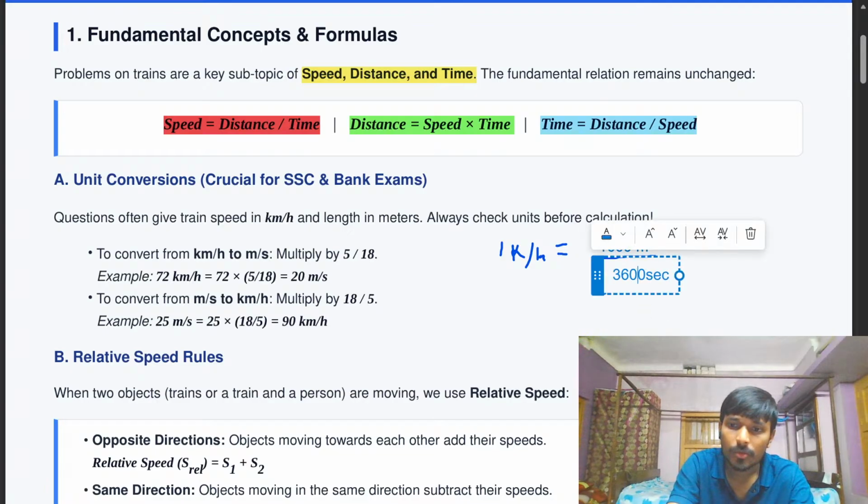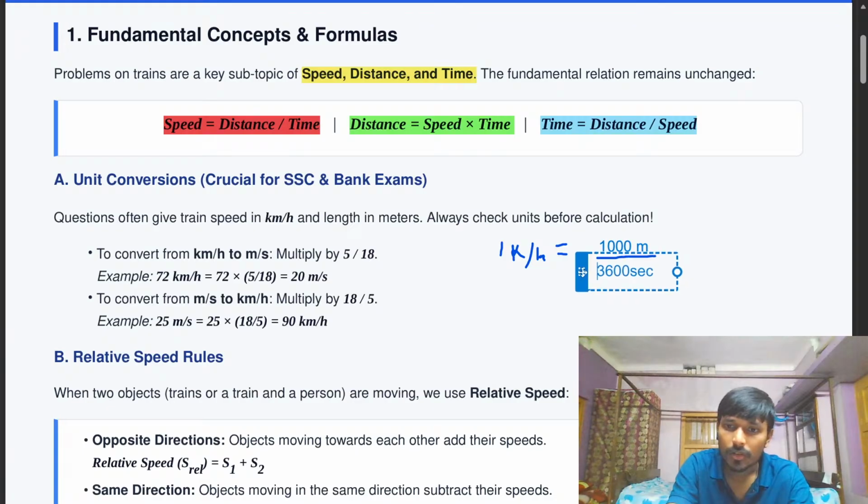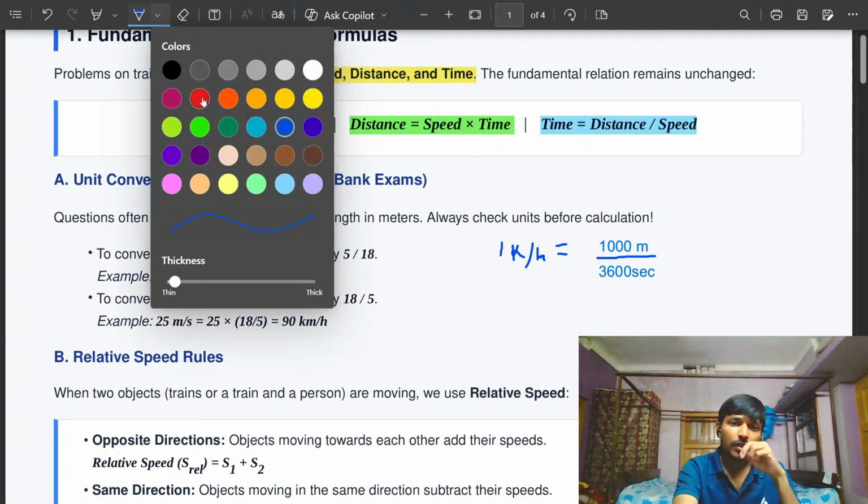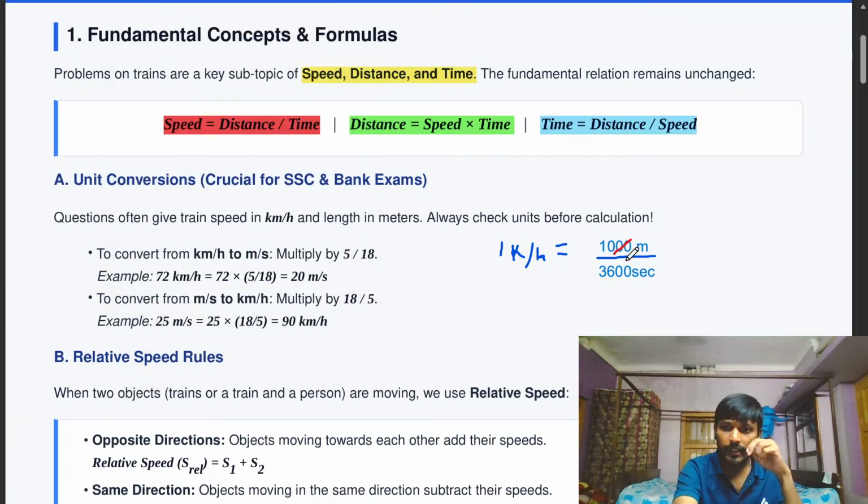So this is 1000 meter divided by 3600 seconds. The two zeros will be cancelled, and if we divide by 2, we get 5 over 18.